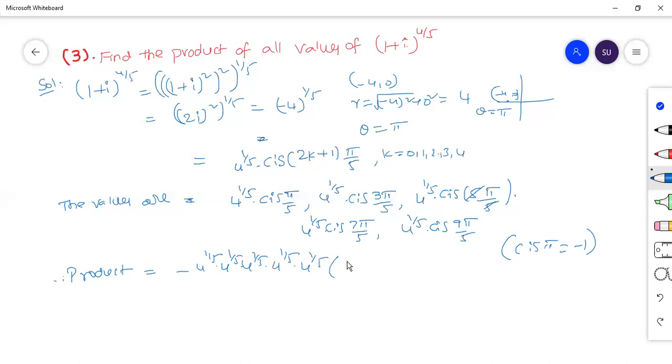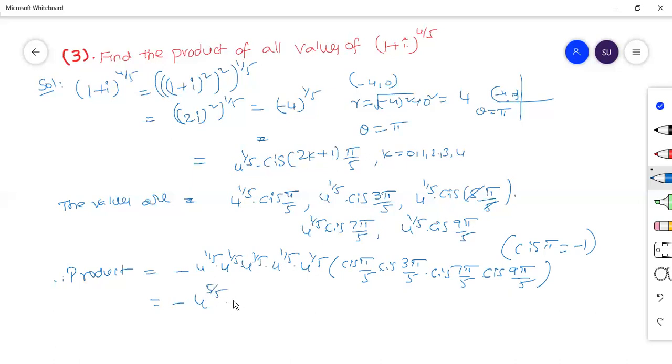Next, cis pi by 5, cis 3 pi by 5, cis 7 pi by 5 into cis 9 pi by 5. Correct? That is equal to minus 4 power (1 by 5 plus 1 by 5 plus 1 by 5...) 5 by 5.